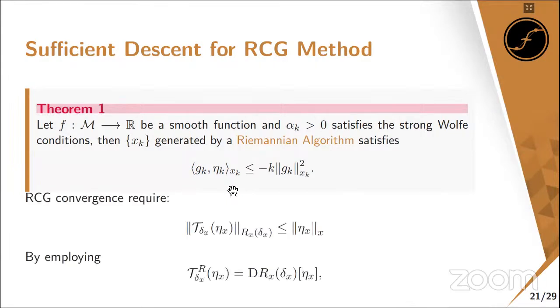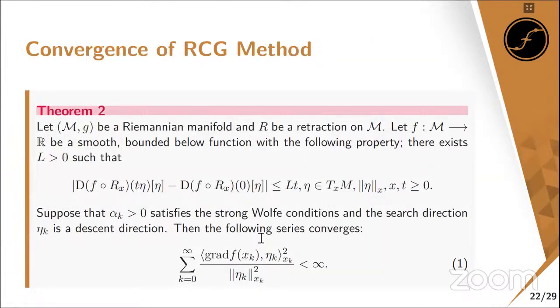In order to show the convergence of a given Riemannian conjugate gradient algorithm, there is what we call Ring Wu non-expansive condition, which ensures that the norm of the vector transport does not exceed the norm of the search direction on the tangent space. Based on this inequality, we can now show the convergence of a given algorithm.